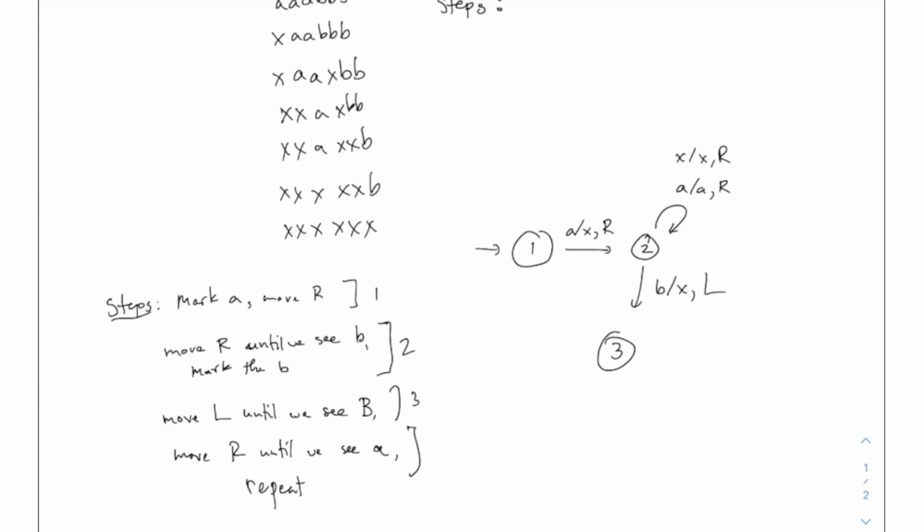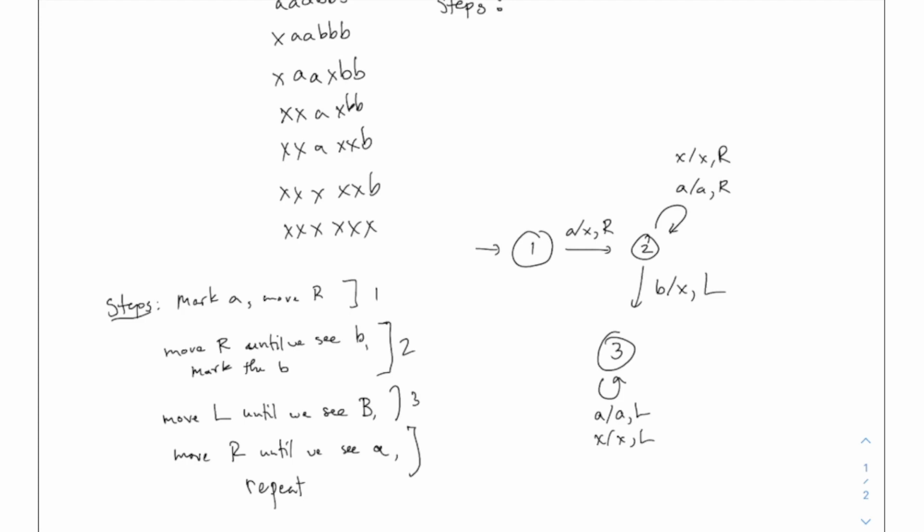Anyone want to say, how should we handle step 3? This is meant to go all the way back to the beginning until you see a blank at the beginning. Yeah, so make a looped edge here, A, A, L. That means move to the left past any A's and also X, X, X, L. Do I need a B?